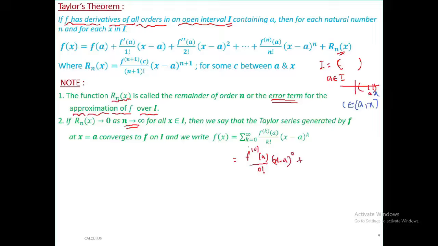Plus, now k equals 0 is over, now k is 1: first derivative of f at a by 1 factorial into (x minus a) to the power of 1. Plus next, the second derivative f double dash, substitute 2, so in bracket you write n is 2, upon 2 factorial into (x minus a) to the power of 2. So plus, and so on.